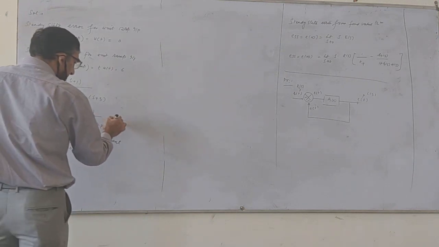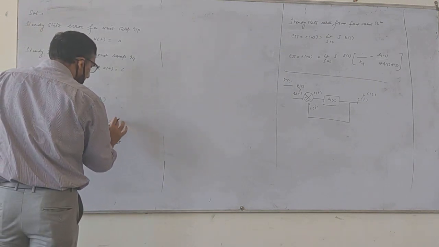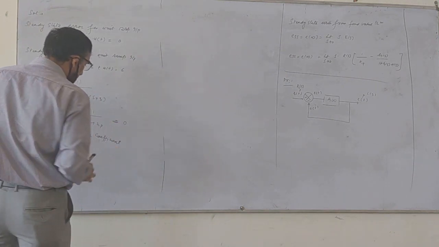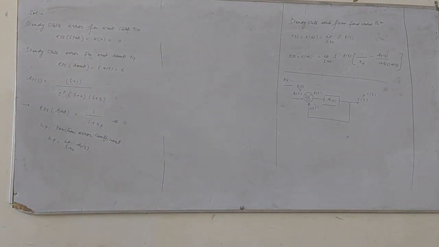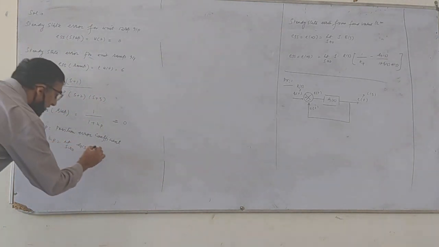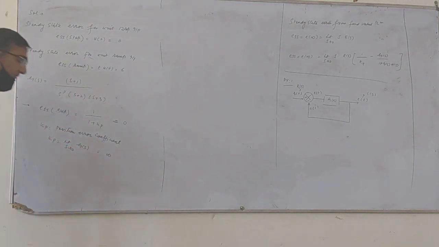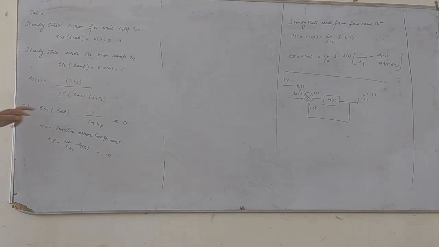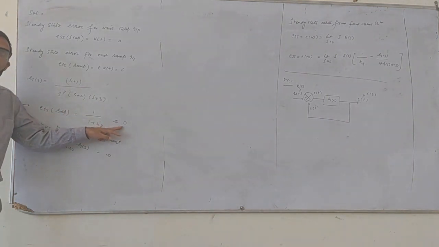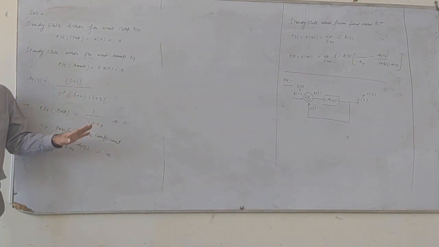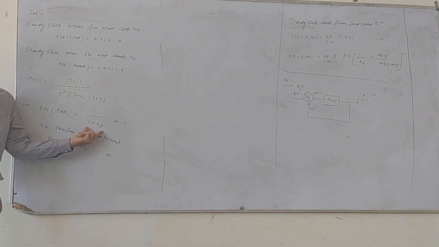And this also has been given, steady state error for the unit step has been given as 0. So when this term is 0, what does this mean? That means your Kp has to be equal to infinity. It's clear? When this term has to be 0, that clearly indicates that the denominator has to be infinite.